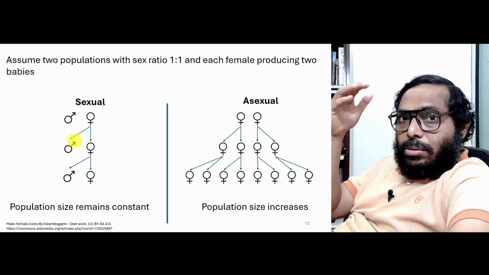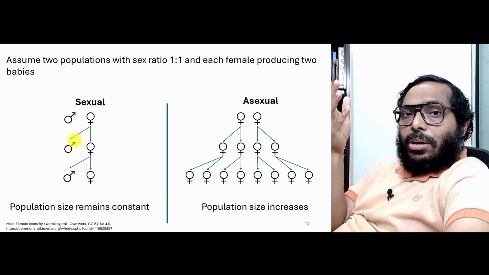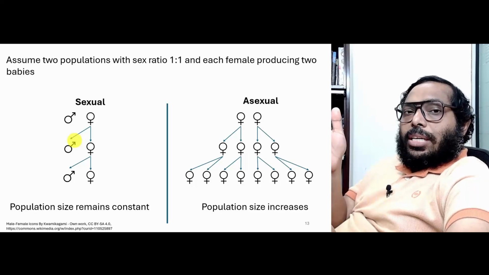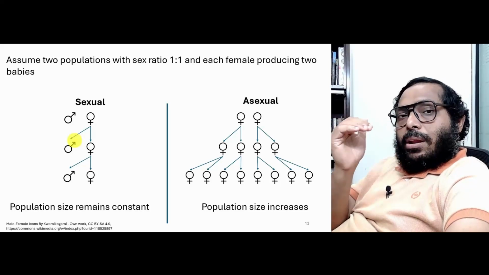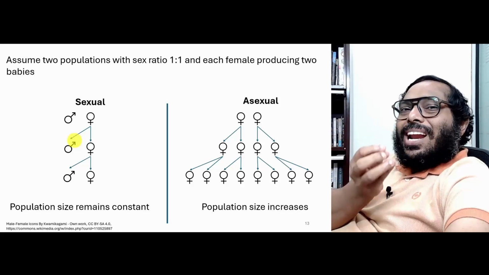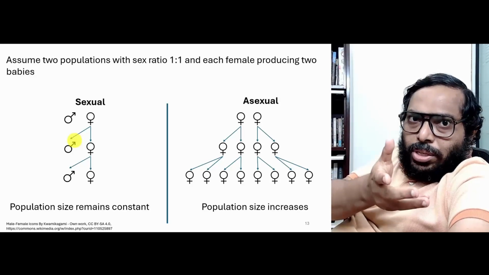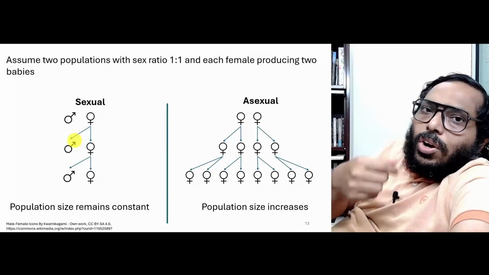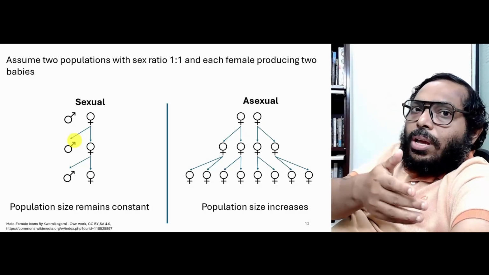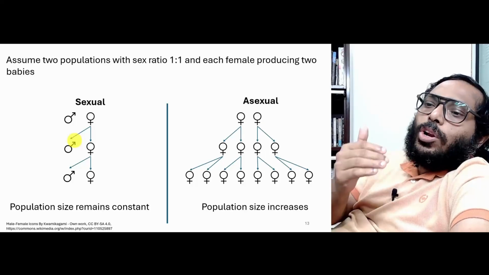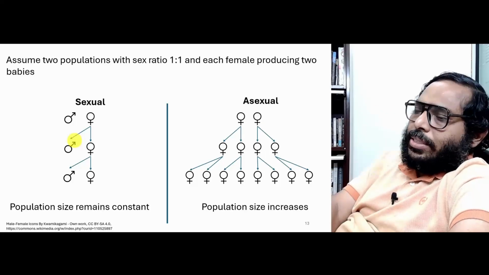I mean, you do not need any maths for this, you just think about it logically. If in both cases, the sexual and the asexual, the number of babies per individual, per female is the same, but in one case there are at least a few males being produced in the sexual case, then those males are not going to reproduce, they are not going to produce more babies, and therefore, the overall growth rate of the population is going to be lower in the sexual case.